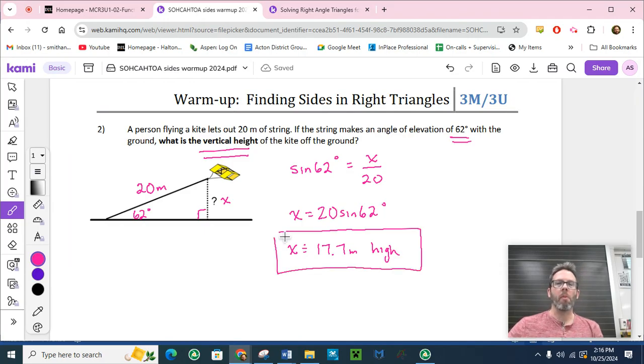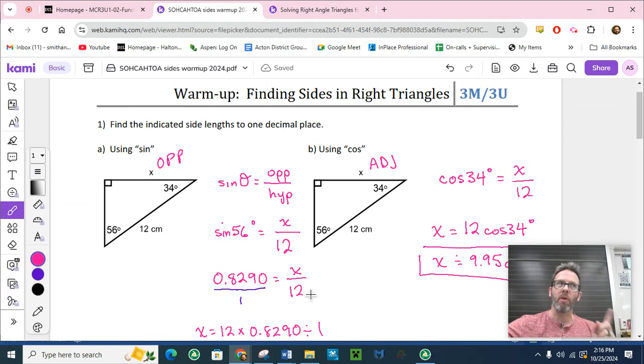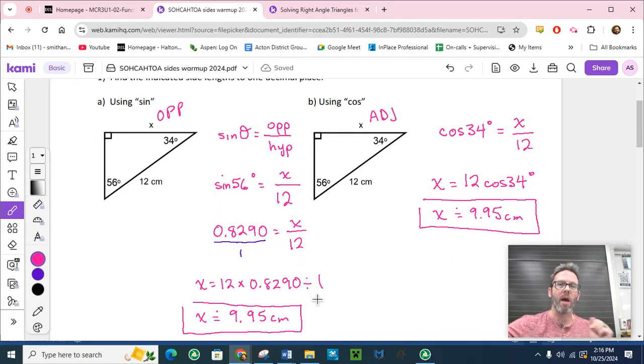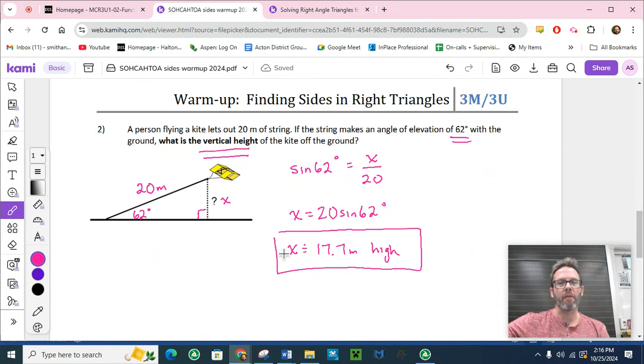All right, quick warm-up for you today. It wasn't meant to be a hard warm-up, but I wanted to make sure you were good when you're solving a triangle problem and you have a choice. You just gotta pick a choice and move forward. Anything you want to chat about before we go on to today's stuff?